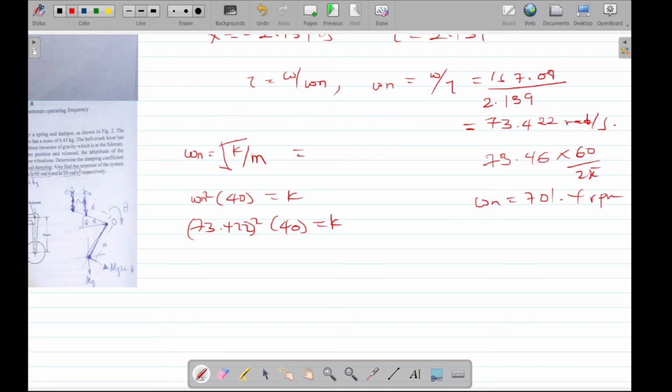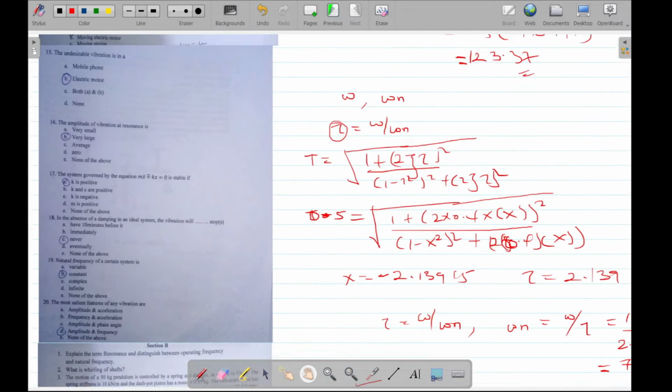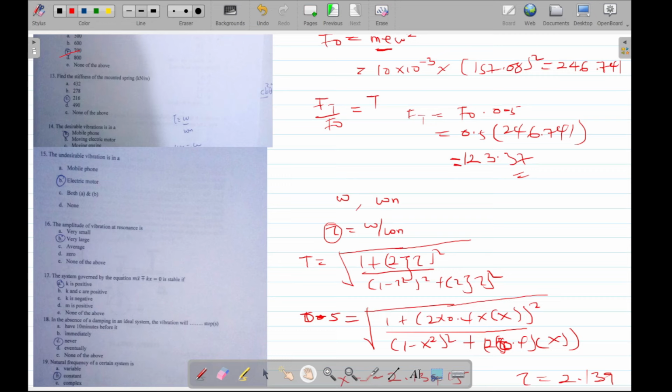73.422 squared multiplying 40 gives us 215,631.60 equals K. Let's see our answers. Okay, so we have 216 kilonewton, and of course that should be it.